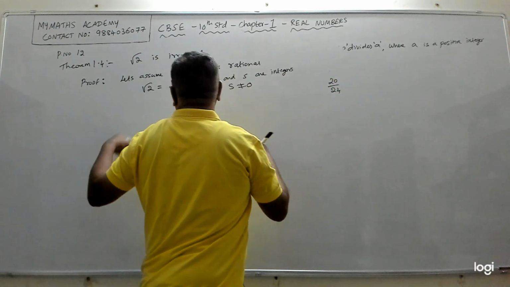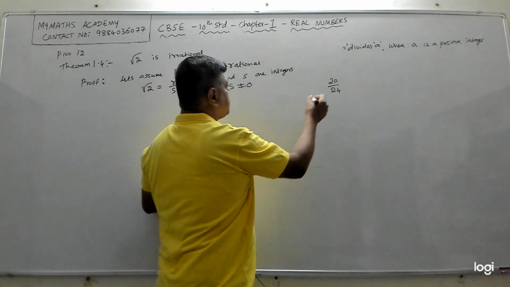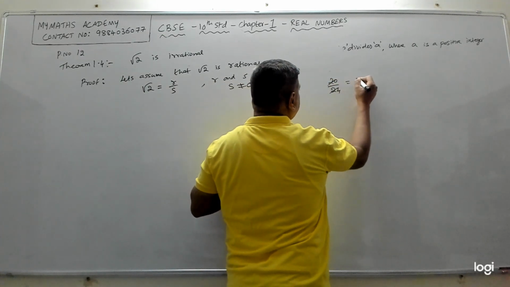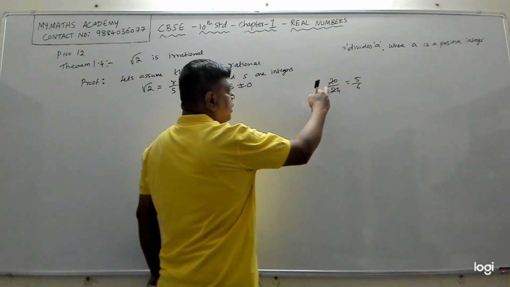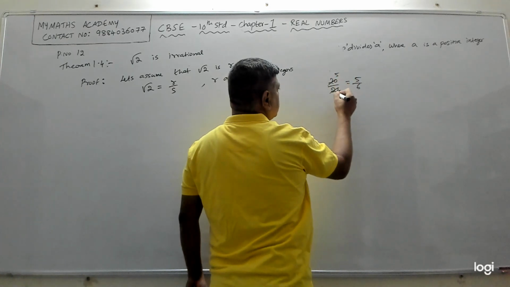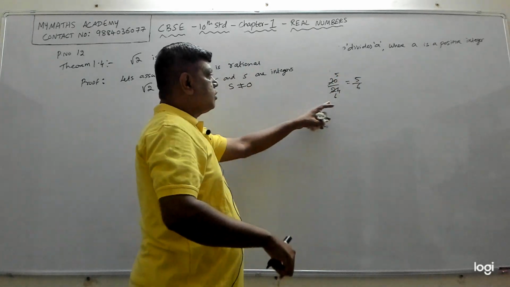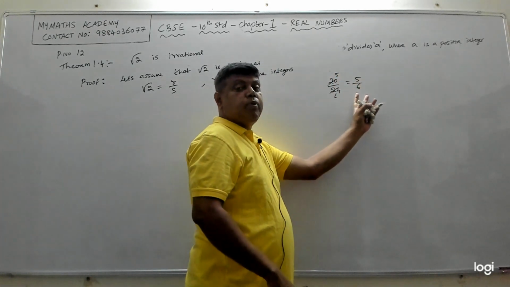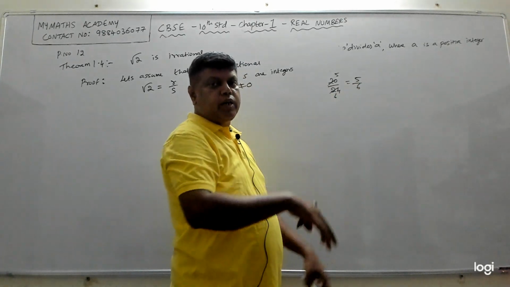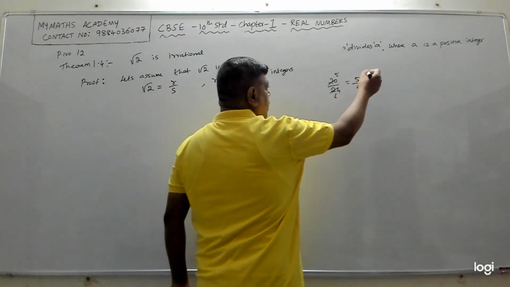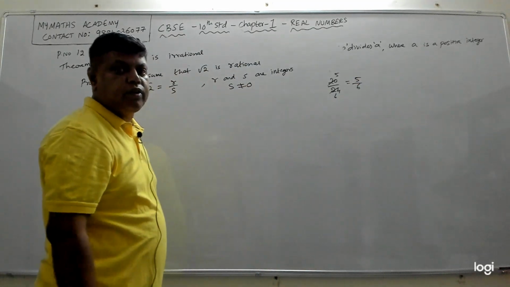If this is how r by s is, then I can always simplify this and write it in the simplest form of 5 by 6. Right? I can cancel both by 4: 4 5s are 20, 4 6s are 24. I can write it as 5 by 6, which is the simplest form. I can't cancel anymore. 5 and 6 will not go into any other number. This is the simplest form. I can't reduce this fraction further.